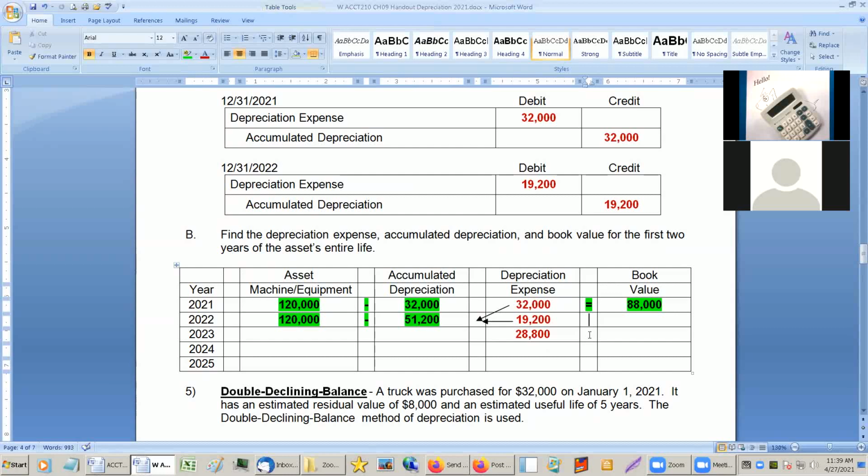And that will equal some number. 68,800. It only asks for 2 years, but I'm gonna go ahead and do all of them. It's only one more year. Gonna round it out.